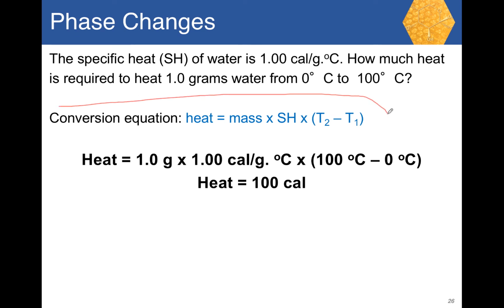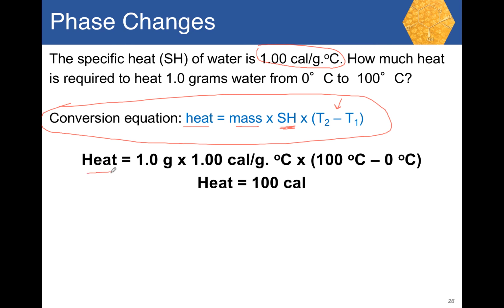What you need is a conversion equation. Here's a conversion equation. Heat is equal to mass times specific heat. Specific heat is a constant, as you saw in the previous chapter, times the change in temperature. So this equation you've seen before. It's just now applying it to a specific case. We just have to plug these numbers in.